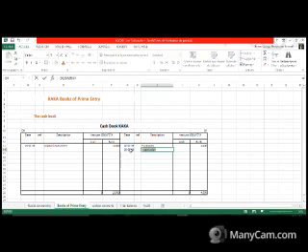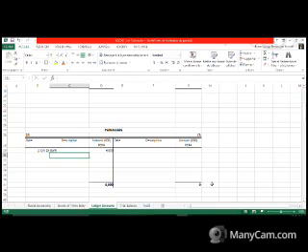We say delivery van, 2 million. So we credit the bank account and we debit the asset account. Delivery van is an asset.